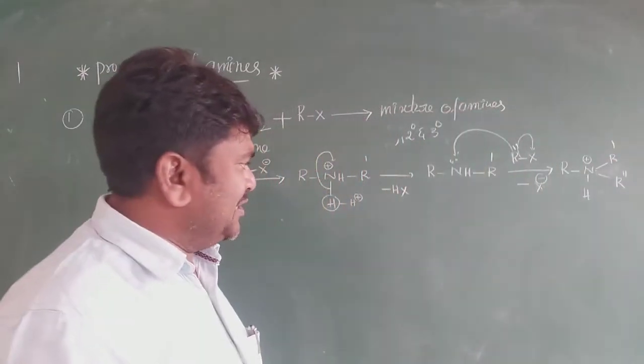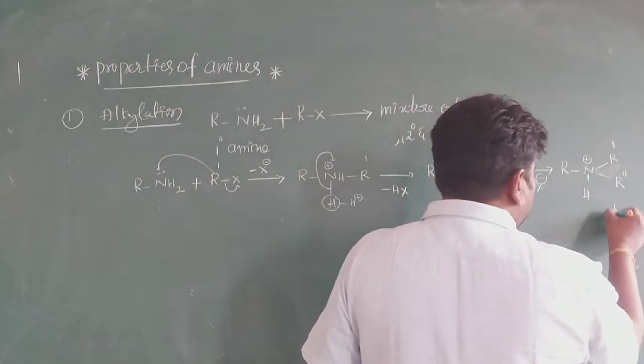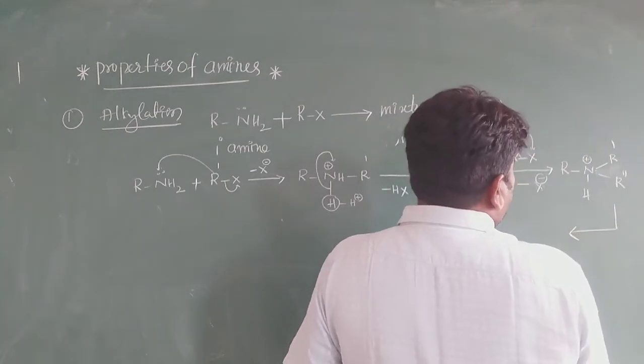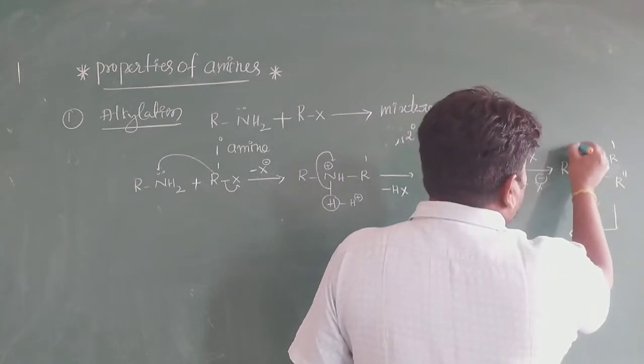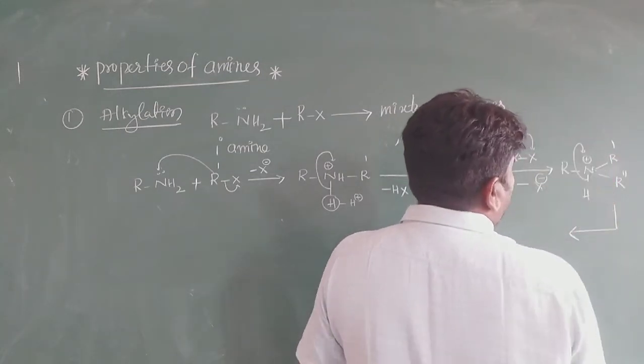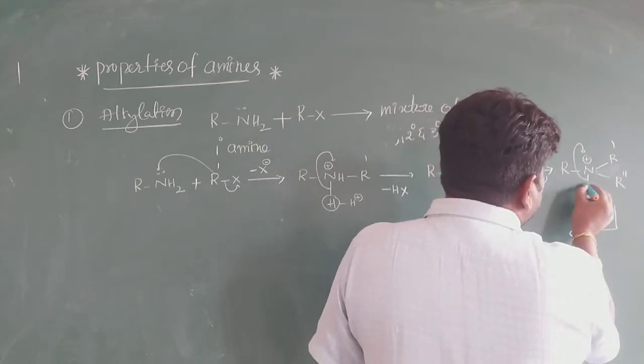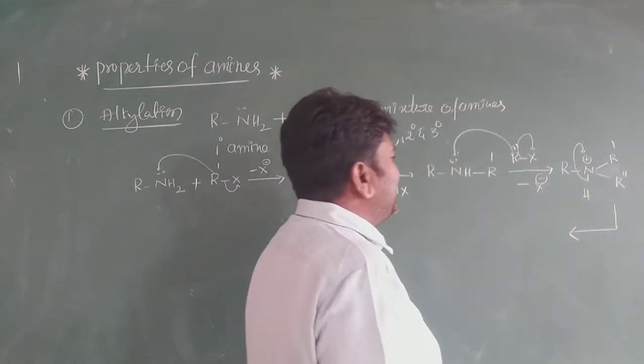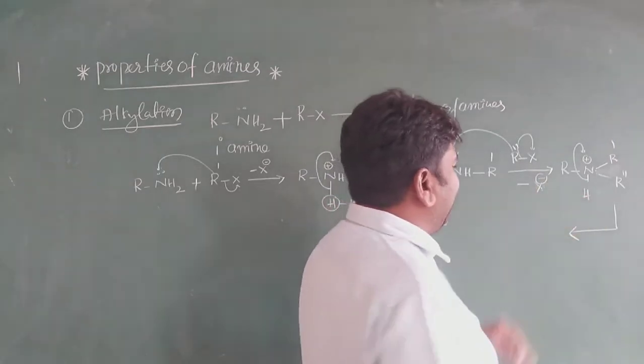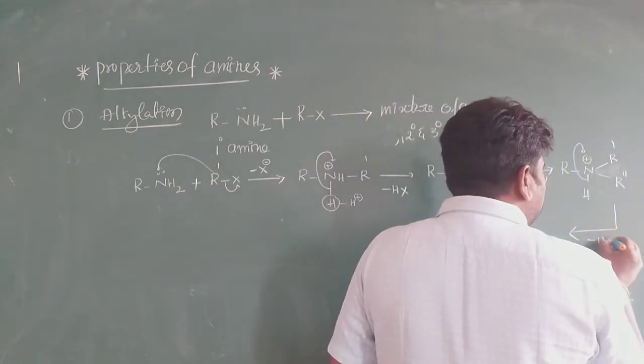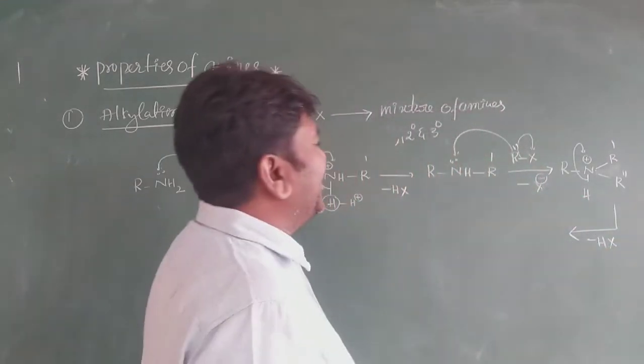My dear students, next, what happened here? These two electrons are shifting here. It is eliminated as H plus. This H plus and X minus, HX is eliminated. What is the remaining, my dear students?